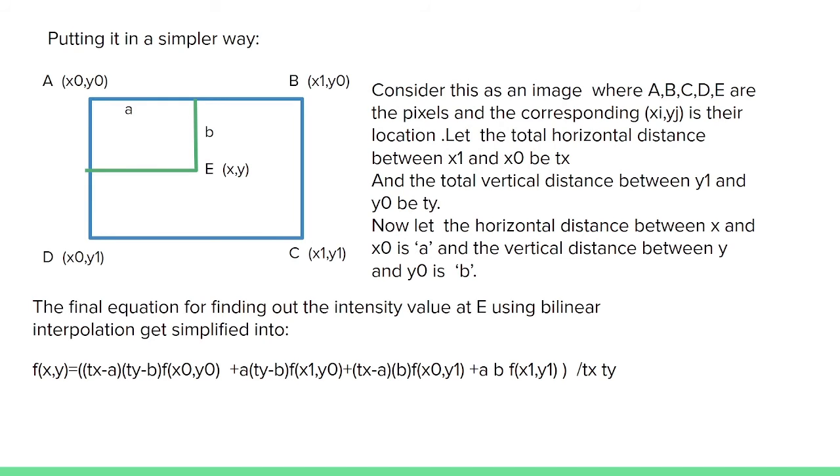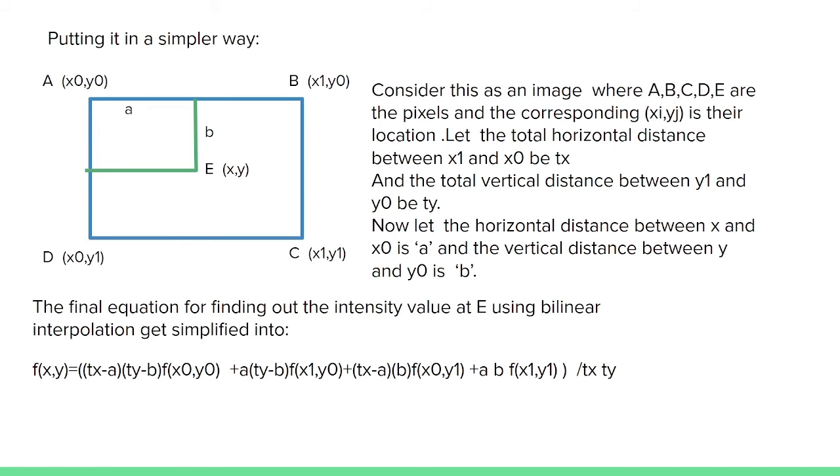Let us consider the pixel at position x0, y0, that is A. A is a distance away horizontally and b distance vertically away from E. So what would the weight of A be? It is nothing but Tx minus a into Ty minus b. Why? Because we are going to take the complementary distance.